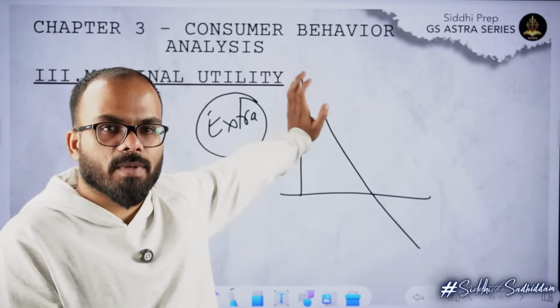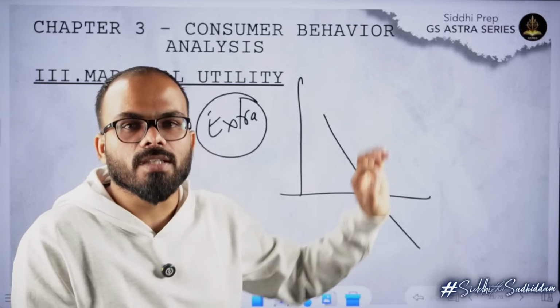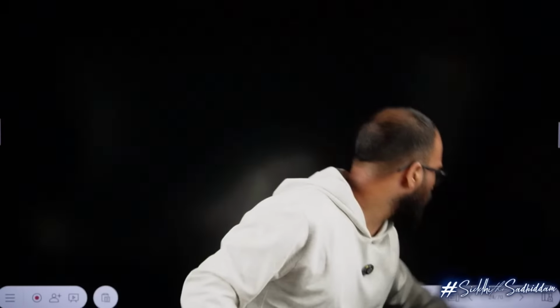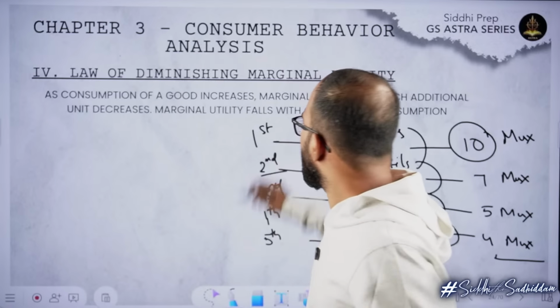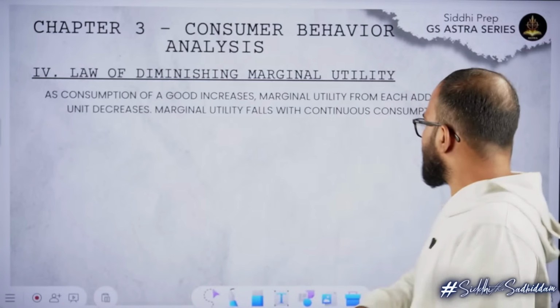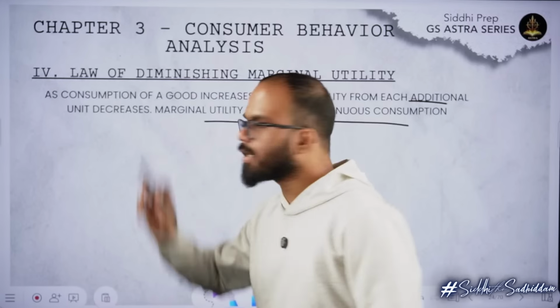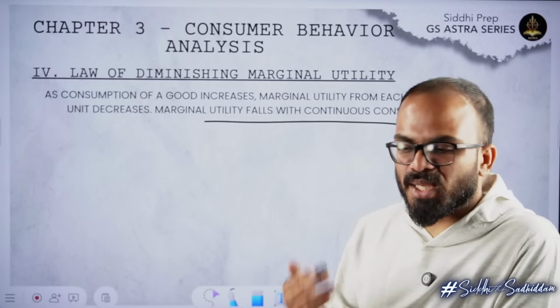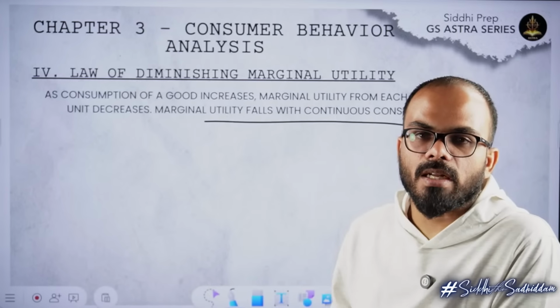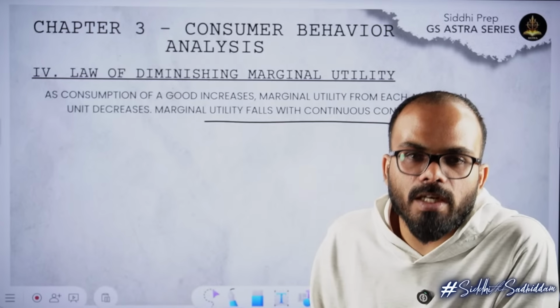This is an economic principle. Again, there are always exceptions. This is the law that is given, and the law is called the law of diminishing marginal utility. What diminishing marginal utility says is that marginal utility keeps on decreasing as long as you increase your consumption; as you start consuming more, marginal utility keeps on decreasing.